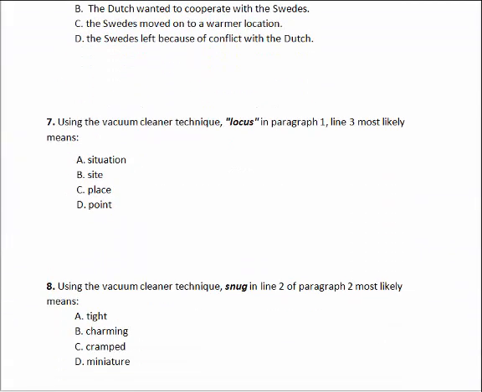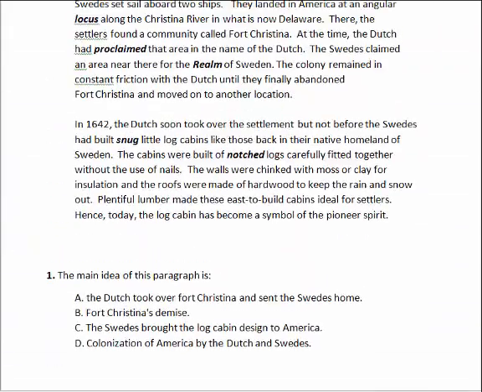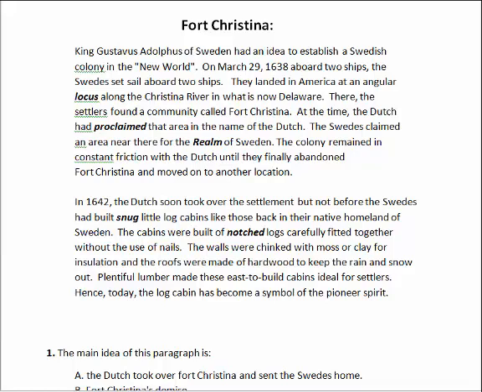Let's do a little bit of contextual coding. We have site, place, and point. We have to look at the other words in the sentence and see which one is going to make the most sense. We have angular. That's our word, angle. When we have an angle, these are all angles.